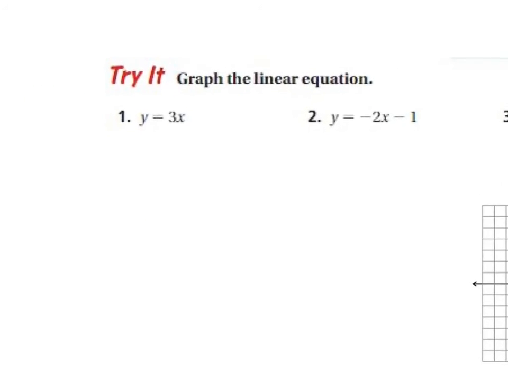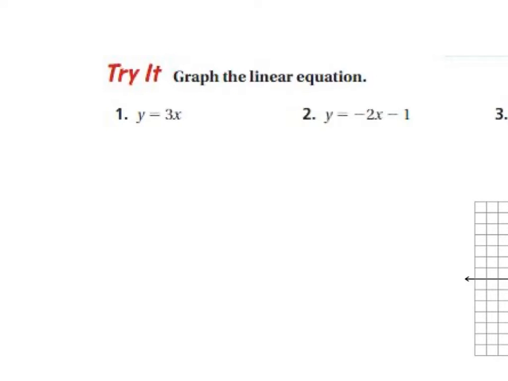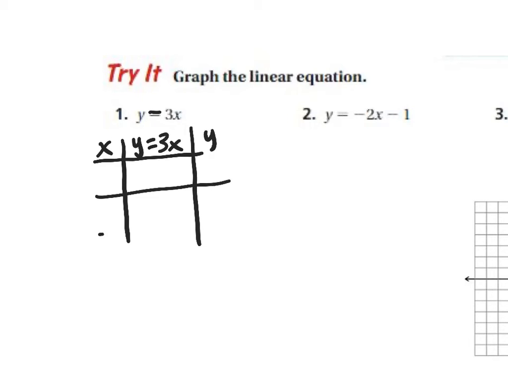So we're going to try it. We want to graph the linear equation y equals 3x. So I'm going to make my x and my y columns. I'll pick 3 points: -1, 0, and 1.